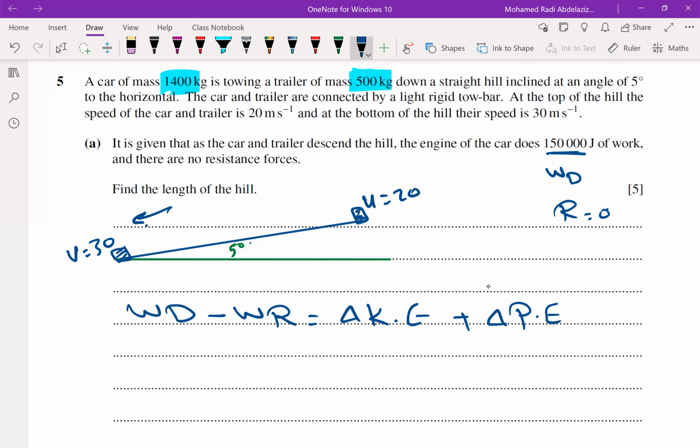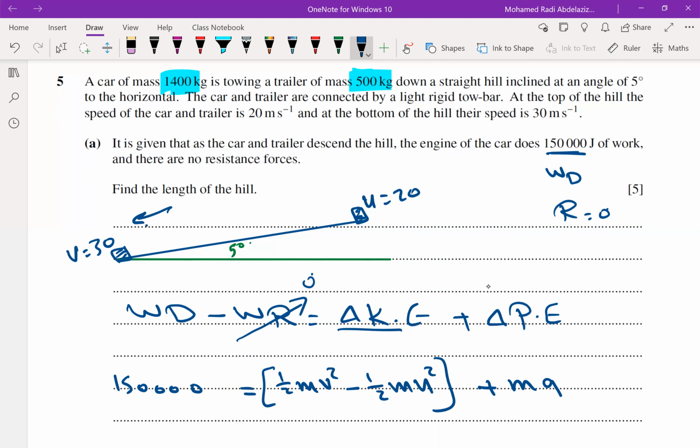It's given there is no resistance, so you can remove it. So the work done by the driving force, which is given as 150,000, is equal to the change in kinetic energy of the system. You have to get half mv squared minus half mu squared for the system, and also mgh for the system.